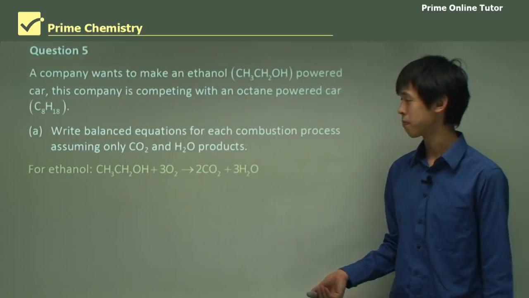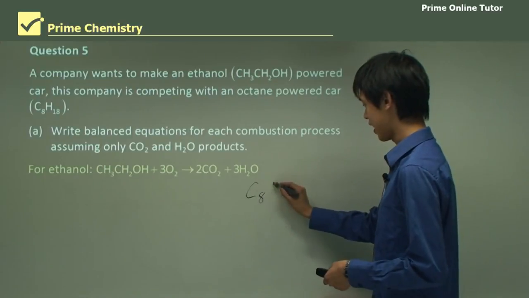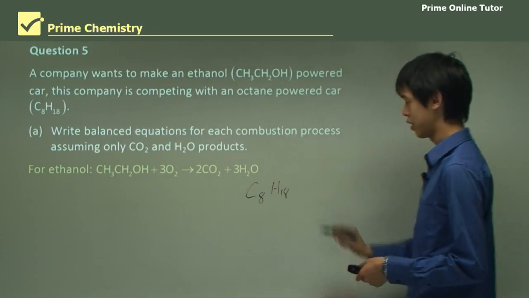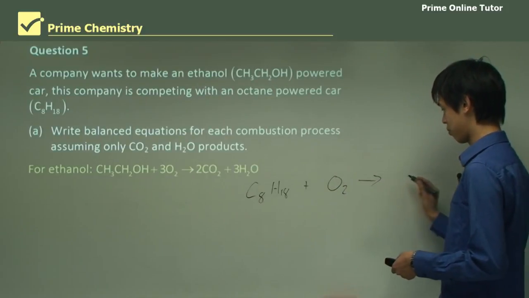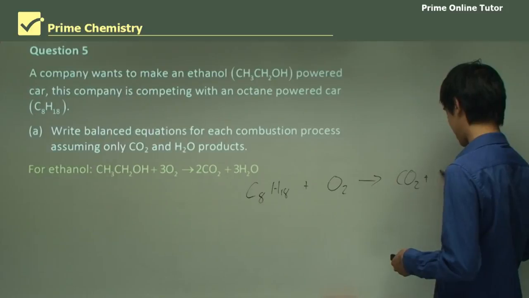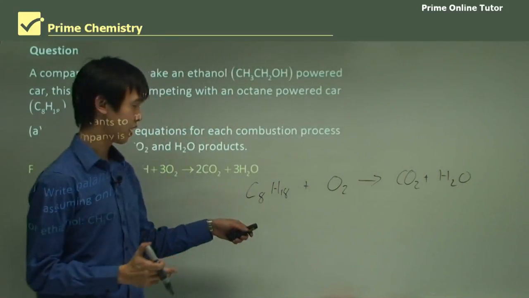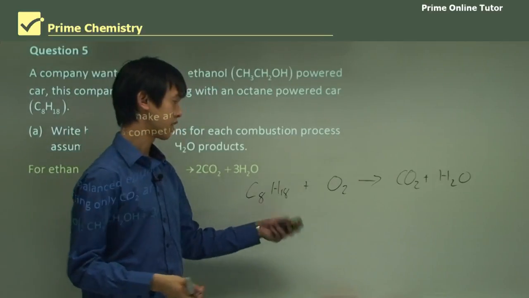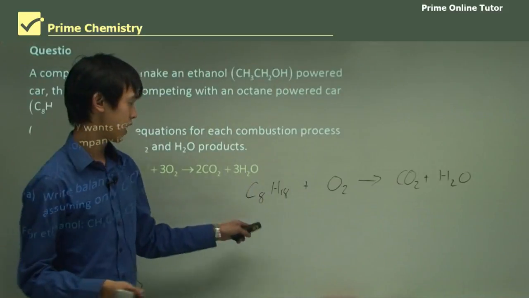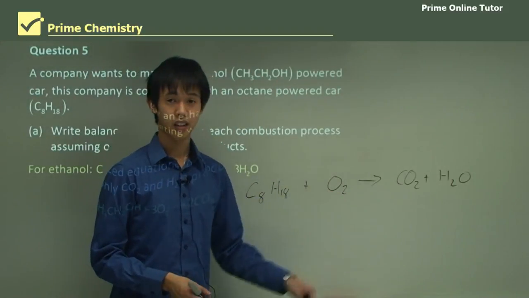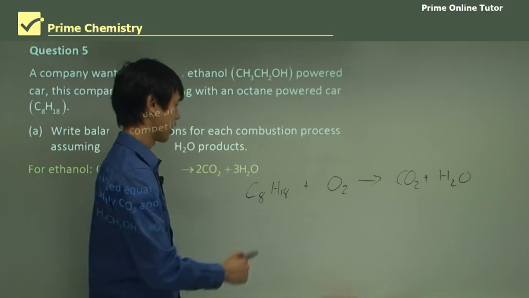Okay, so we have C8H18, that's our fuel. We're going to react it with some oxygen, and we're going to get CO2 plus H2O. And for those who followed my lessons previously, you'll notice that I always put a lot of space between each of the chemicals, and as I go through this, you'll see why. So just bear that in mind for a second.